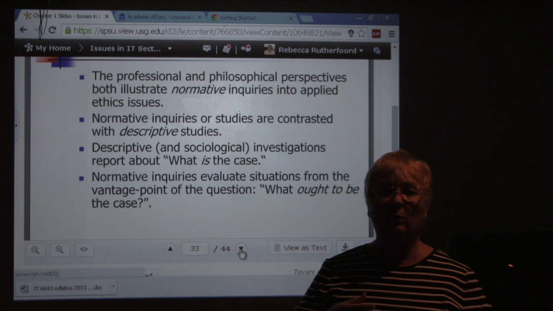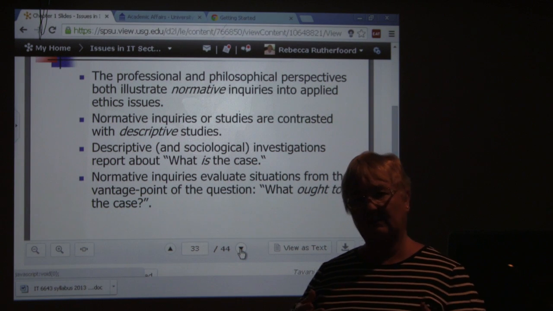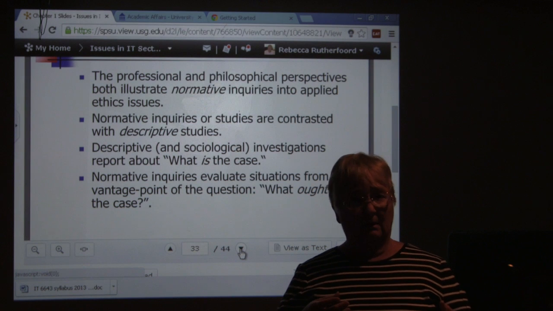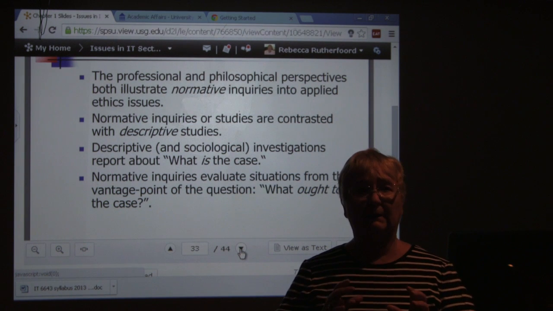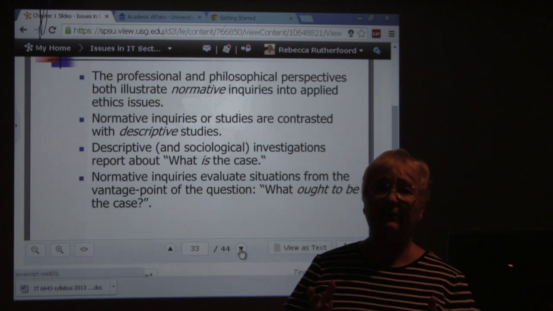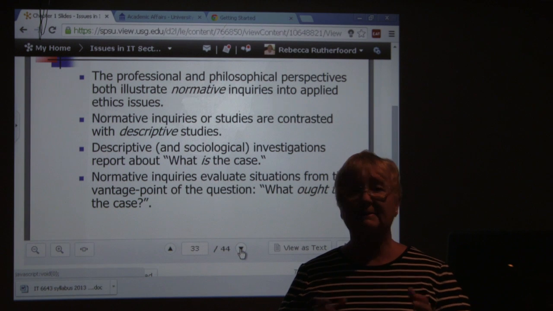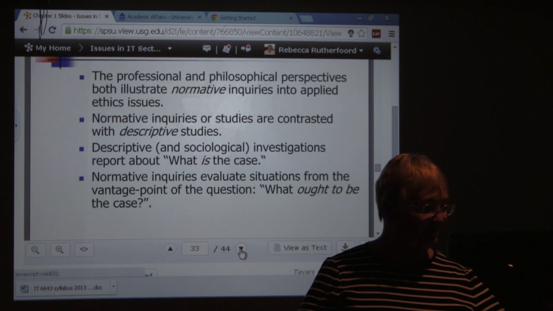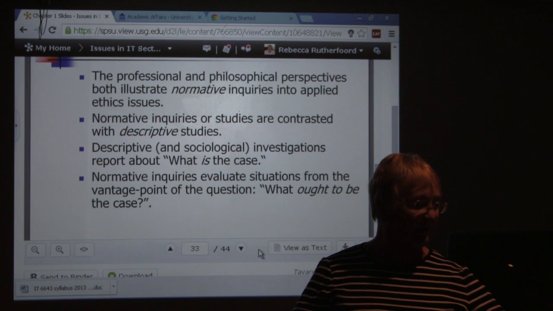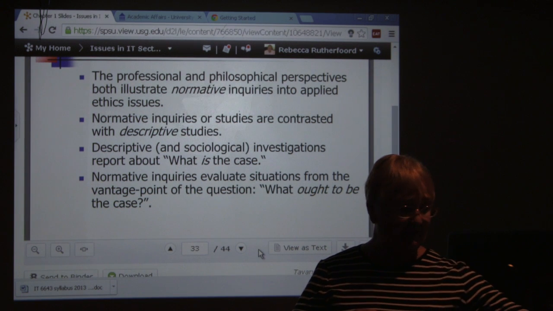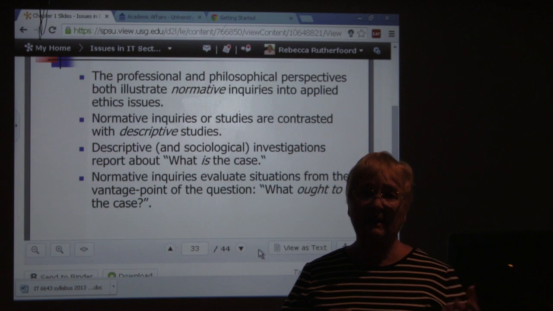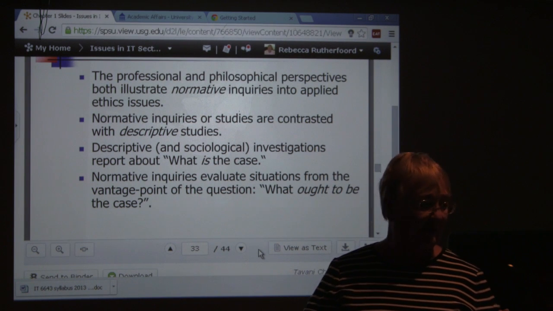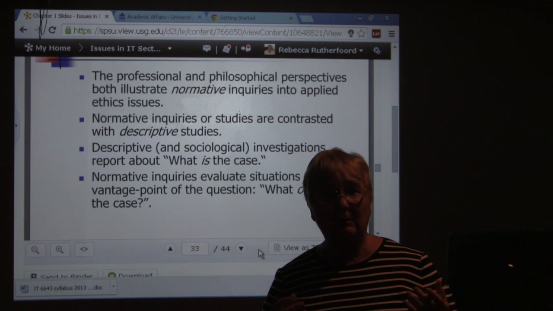The normative inquiries and studies are really contrasted with descriptive studies. We actually have a lot of research out there now about how we can deal with some of these applied ethical dilemmas. On the descriptive side, these types of cases and dilemmas are first about describing what is the case.